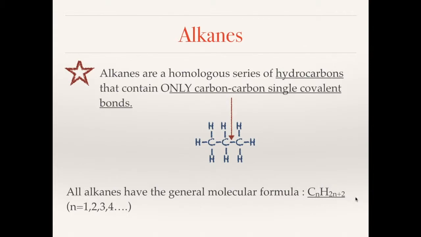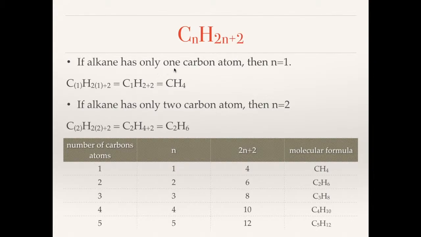In CnH2n+2, n corresponds to 1, 2, 3, or 4, depending on the number of carbons. So the overall molecular formula depends on the number of carbon atoms. Looking at this in depth, if an alkane has only one carbon atom, then n equals 1. Substituting that into the general formula, we get C1 H 2 multiplied by 1 plus 2, which gives us CH4.